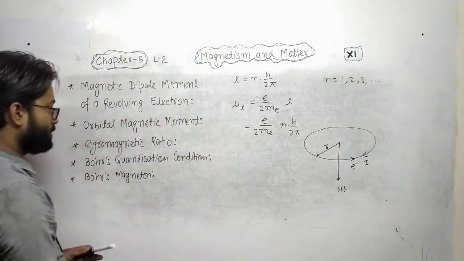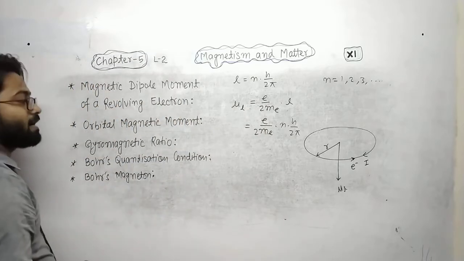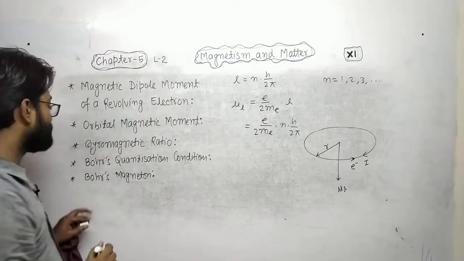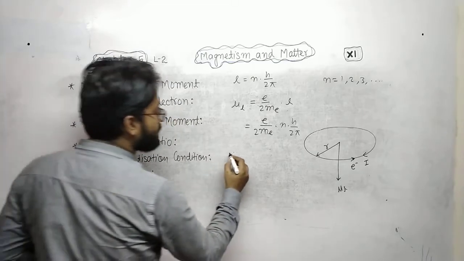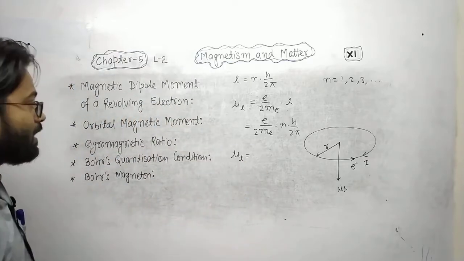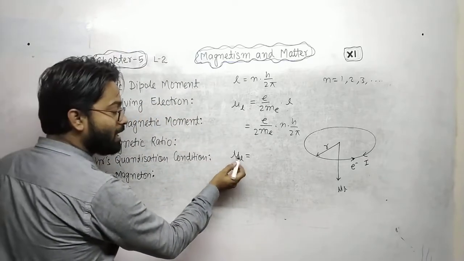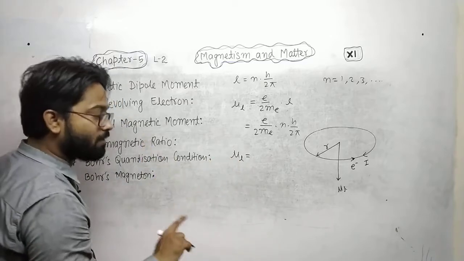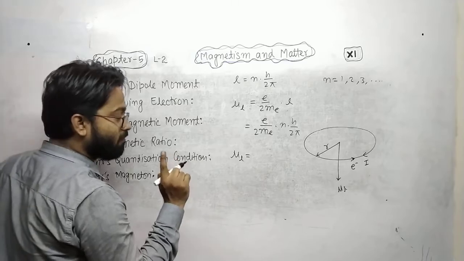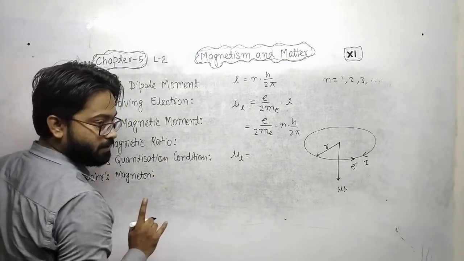Now next, Bohr's magneton. Bohr's magneton is the orbital magnetic moment of the electron in the first orbit.